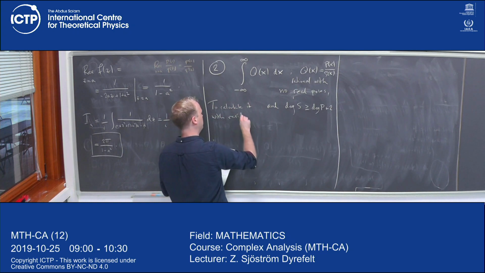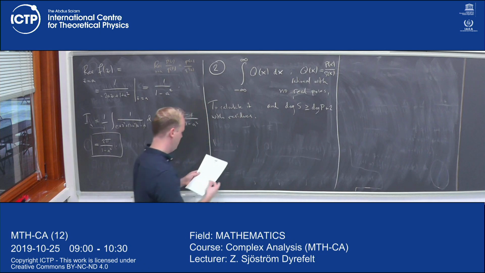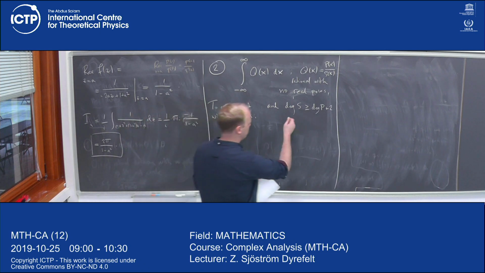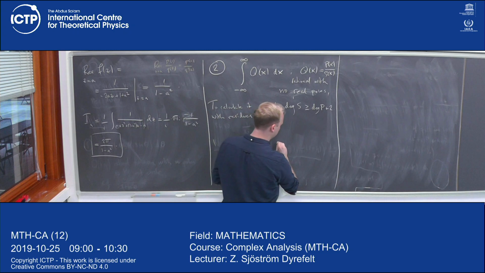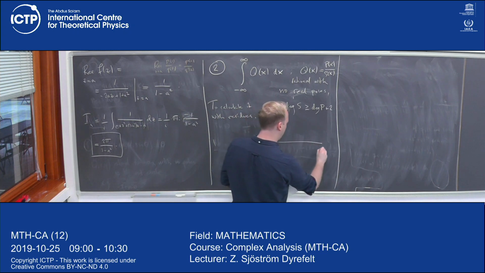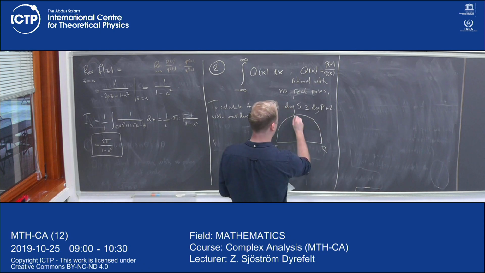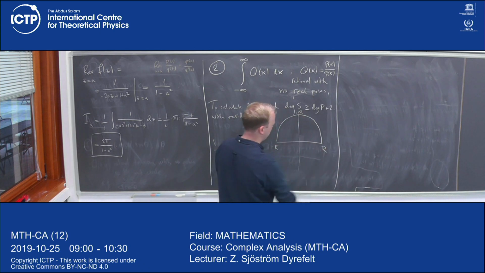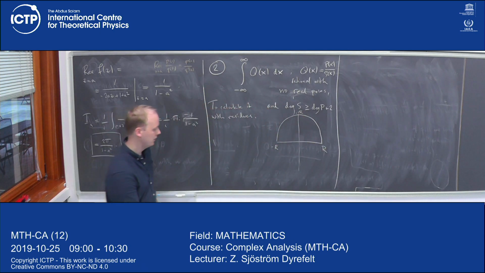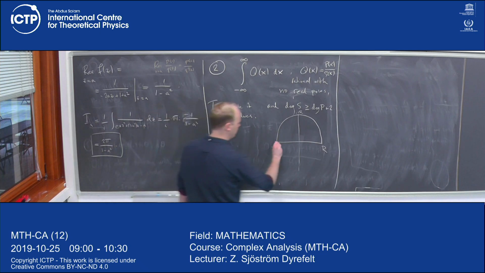To calculate it with residues, you always consider this type of contour. So you consider minus r to r, and then you consider the half circle here. So this is iR, this is minus r, and this is r. Yeah, let me draw it in color.